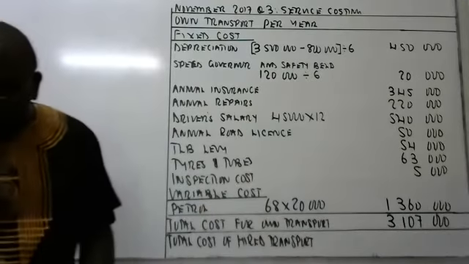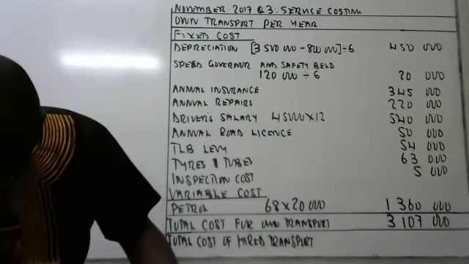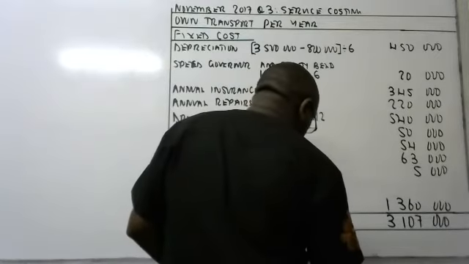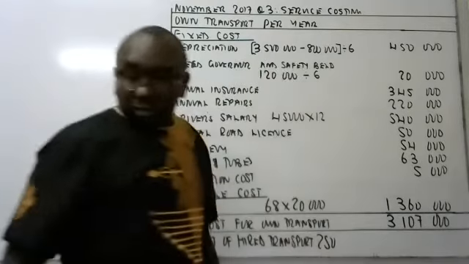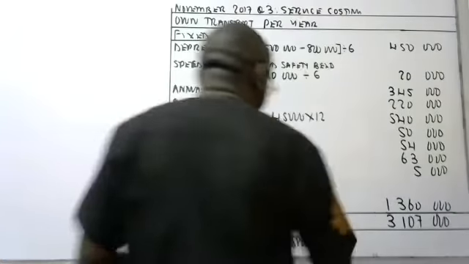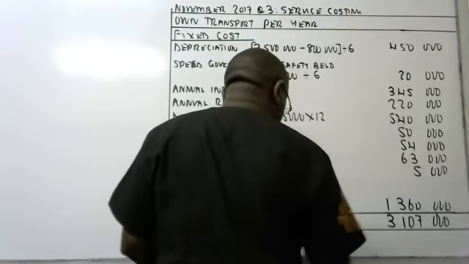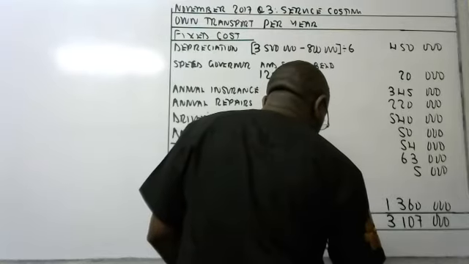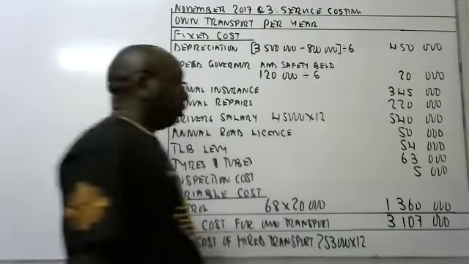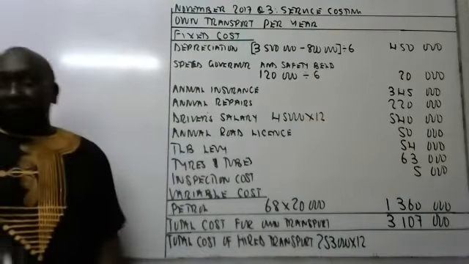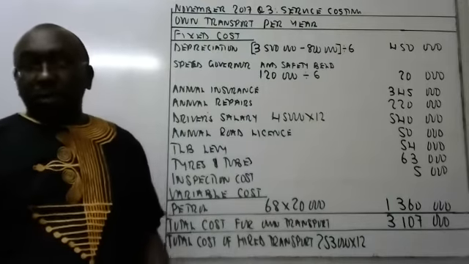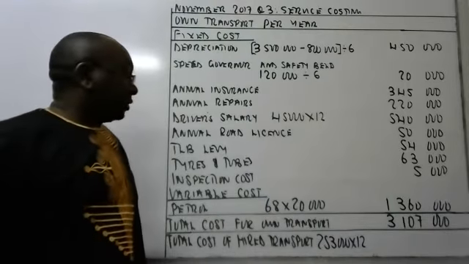Total cost of hired transport is $253,000 per month. So multiply that by 12.